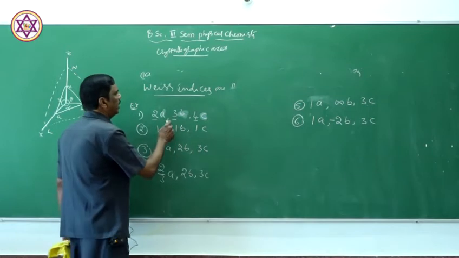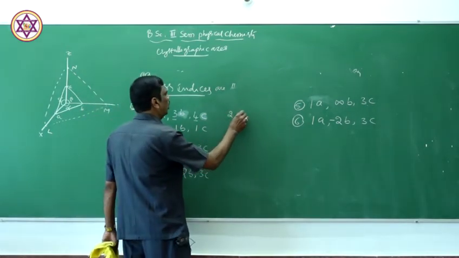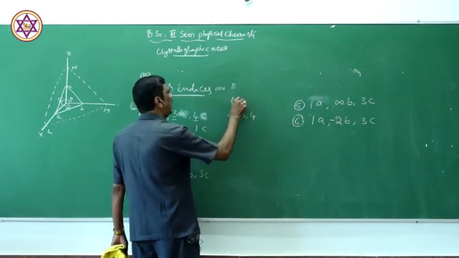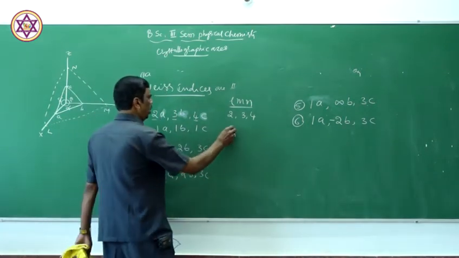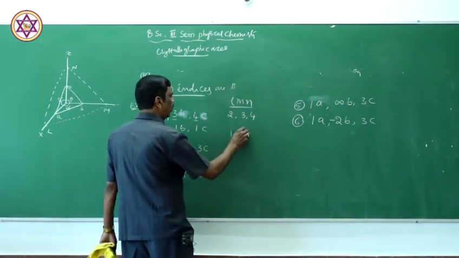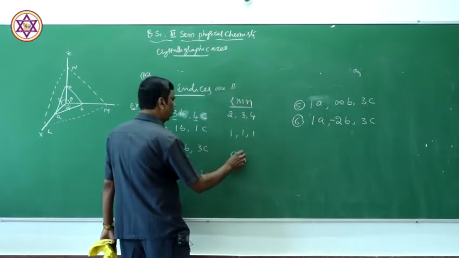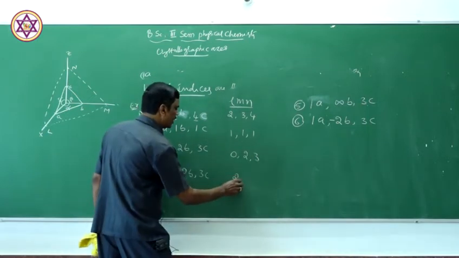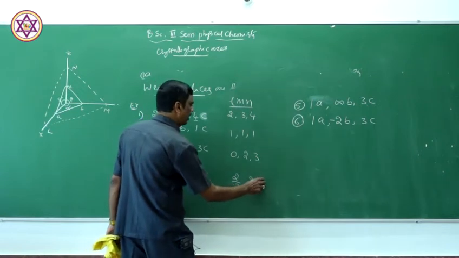So, here the Weiss indices in this case are 2, 3, 4. So, this is equal to L, M, N. The L, M, N indices are 2, 3, 4, then 1, 1, 1 in this case, 0, 2, 3 in this case, a fraction 2 by 3, 2, 3 in this case.